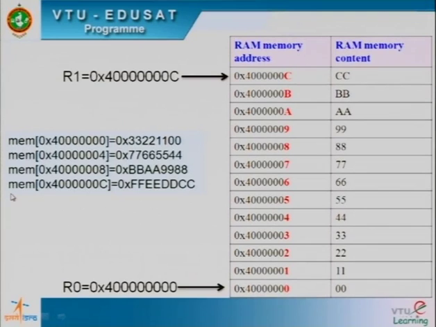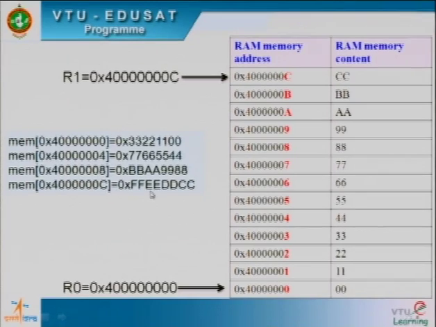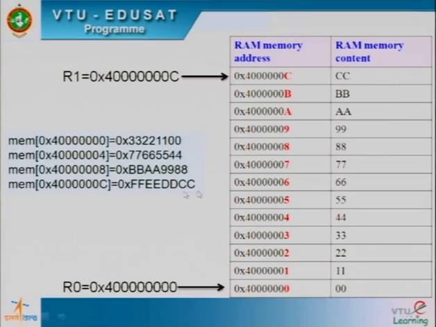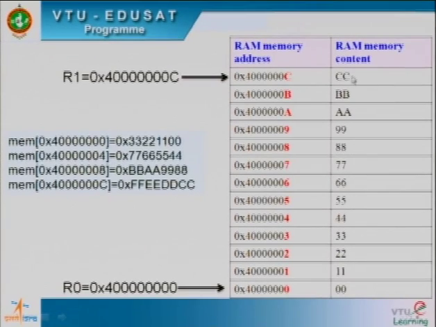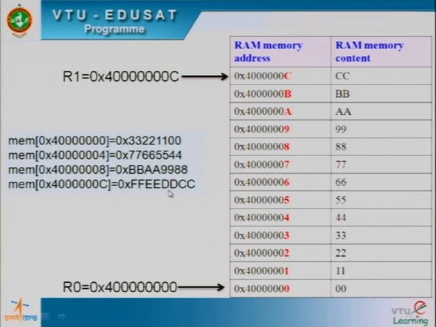Then we assume that the location 0x4 followed by 6 zeros and C will hold FF, EE, DD, CC, wherein only the CC memory content is shown here. The remaining we have assumed: after CC come the D, E, F memory locations, whose contents are DD, EE and FF. This is the consideration for all the upcoming examples. We will consider this memory structure.